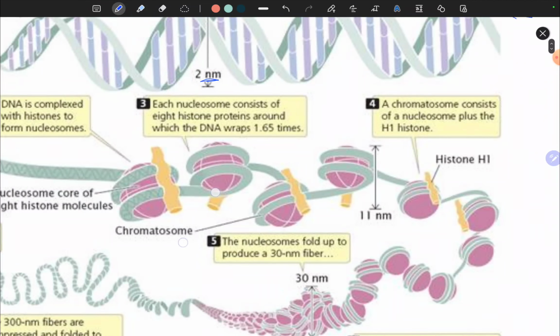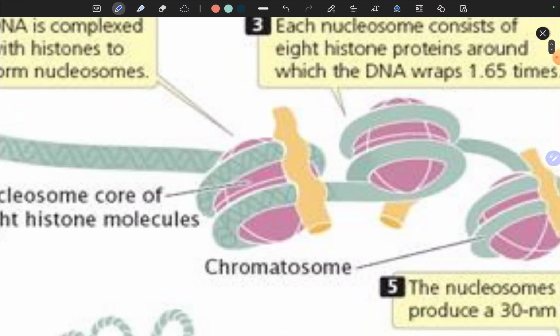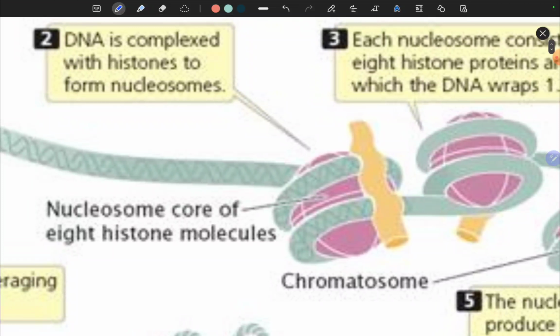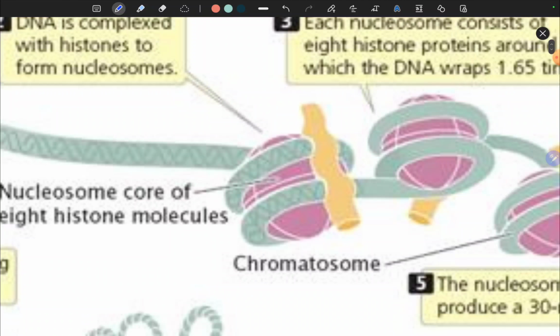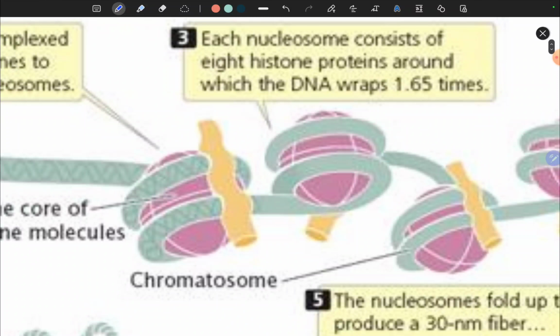So as you see here, the nucleosome core has 8 histone molecules, and the DNA molecule is wound around them, and later they will be fixed by 1 molecule of histone 1, so that this becomes more applicable as 1 unit. So here we have the nucleosomes.